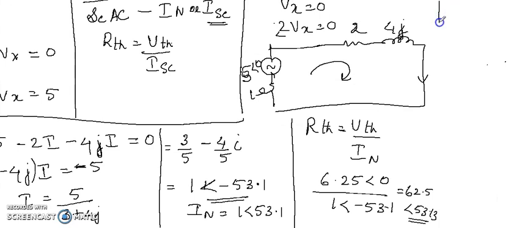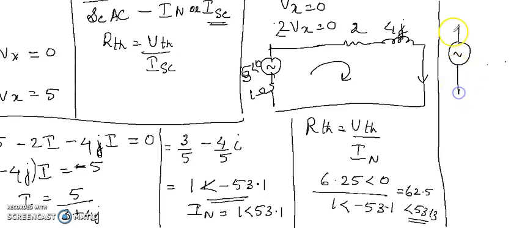Now as we have got the VTH and RTH, we can draw the equivalent circuit as VTH is equal to 6.25 angle 0 and here we have the RTH.